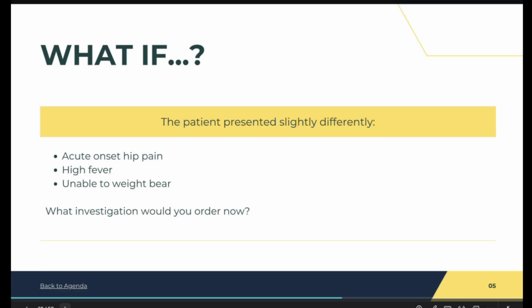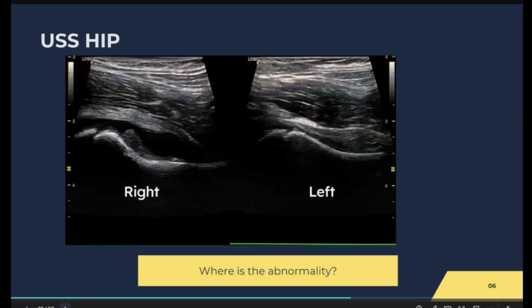Any other ideas? High inflammatory markers. Yes, so definitely what you're looking for is infection and inflammatory markers on blood tests. But the main investigation that you would do in this case would be an ultrasound hip first.